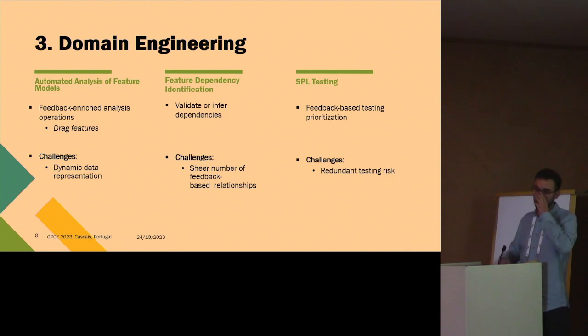So we have talked sometimes about further expanding this work and trying to integrate a real implementation for making feedback-enriched automated feature model analysis. But I think that would be something in the future, or for another person that joins our group.